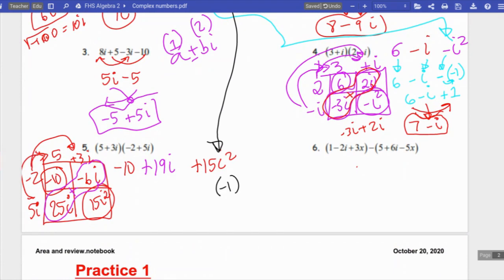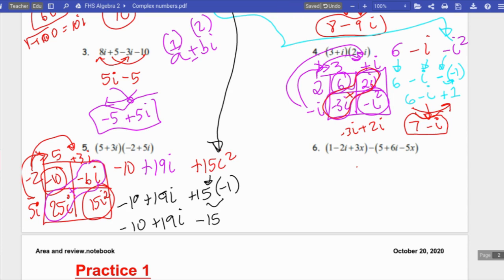All right. And then you bring everything right back down. So I still have that 15 in here, and then you still have the 19i, and you still have the 10. So this right here should make negative 15. You still have the 19i, and you still have the negative 10. All right.